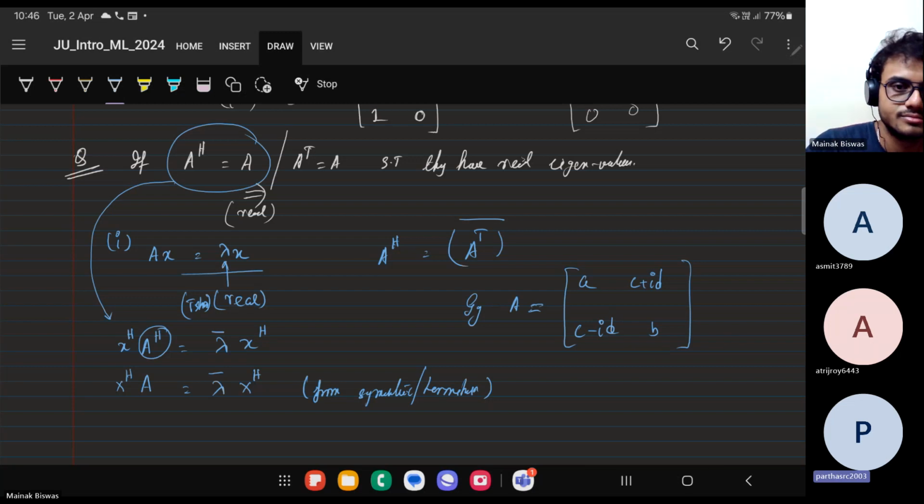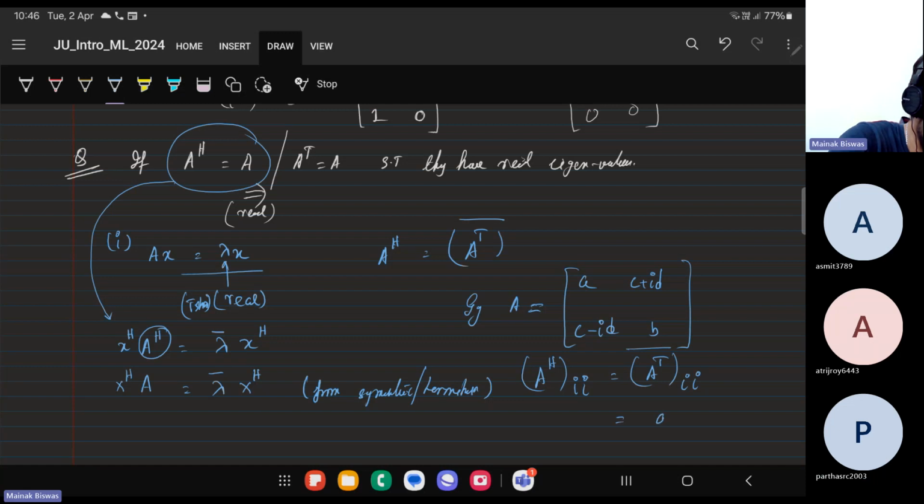কারণ যখন আমি এ হার্মিশিয়ানটা নেব, after I transpose, all the diagonal elements should be equal to their conjugate. So for it to be equal, yes. So this is equal to AII conjugate. Right? AII conjugate has to be same with AII.